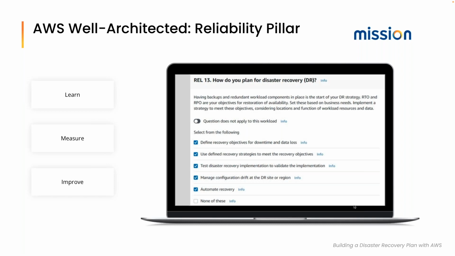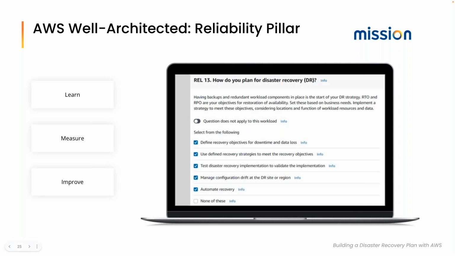The Well-Architected Framework provides a consistent approach for customers and partners to evaluate your architecture and implement scalable designs. So whenever you are deploying your application in production and setting up disaster recovery, don't forget to use the Well-Architected Tool to review your workload before it goes live in production and on a regular ongoing basis.